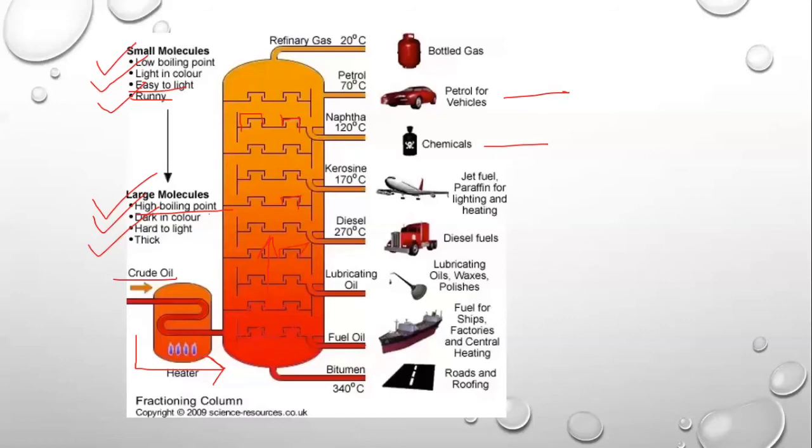Both are in demand, and they compete, because when crude oil is obtained, the demand is very high for both of them. So there's a kind of competition to either produce chemicals or petrol for vehicles.